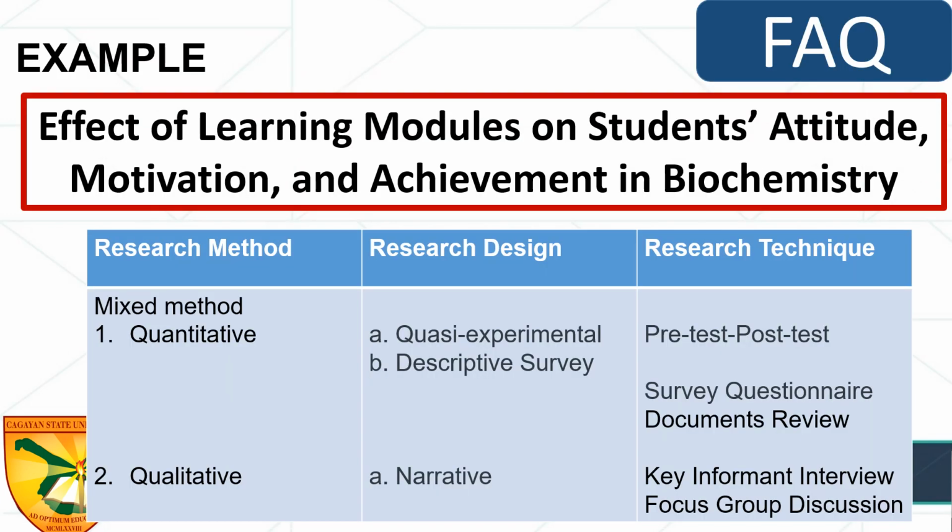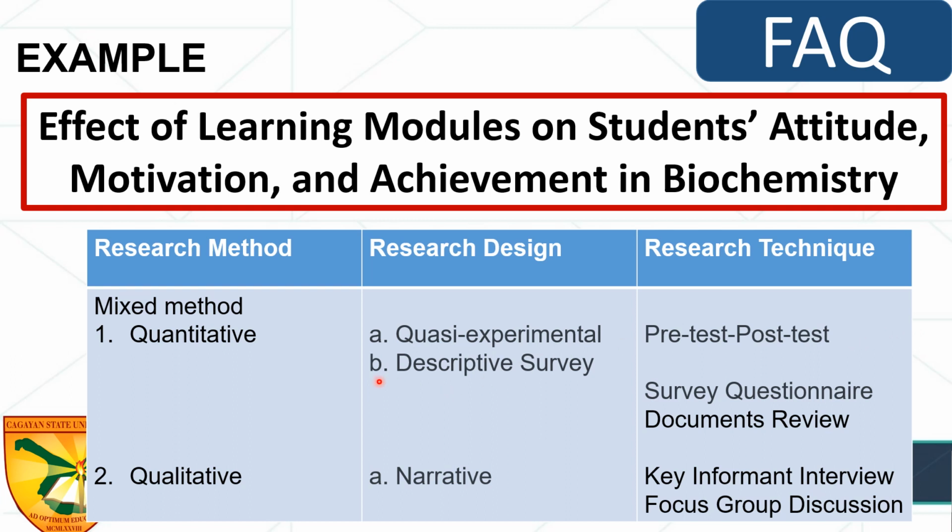So for example, I have here the study entitled Effect of Learning Modules on Students' Attitude, Motivation, and Achievement in Biochemistry. The research method that I'll be using is a mixed method because it's a combination of quantitative and qualitative research methods. The design that I'll be using is quasi-experimental, which is a quantitative research method, and the research technique that I'll be using is tests, achievement tests.